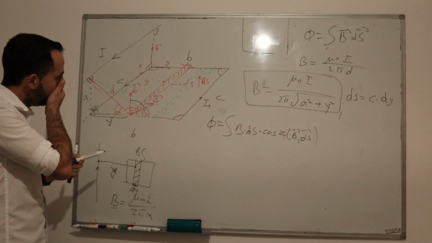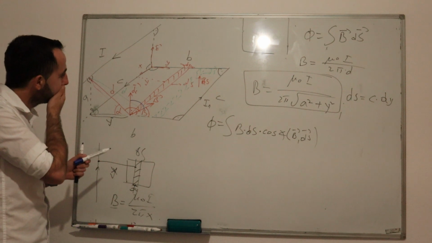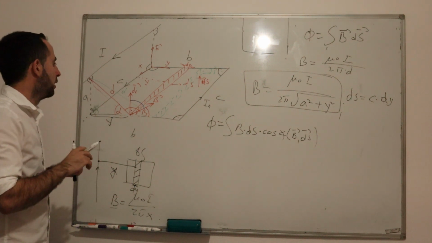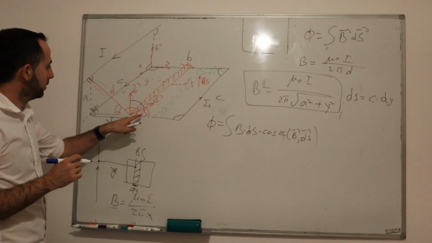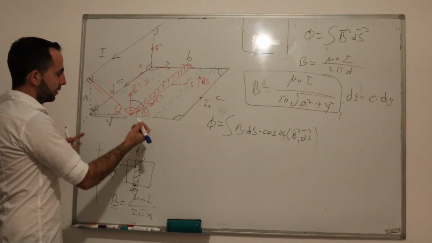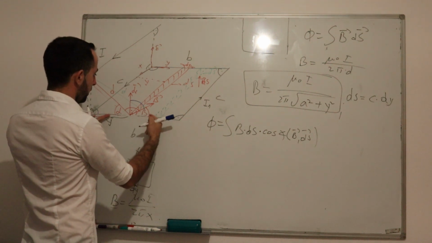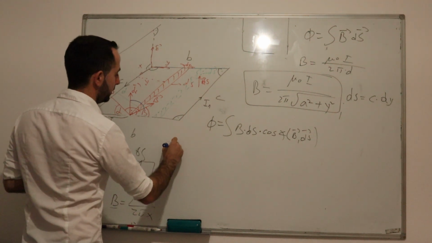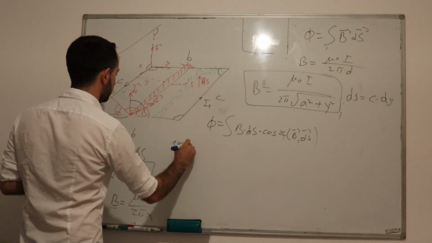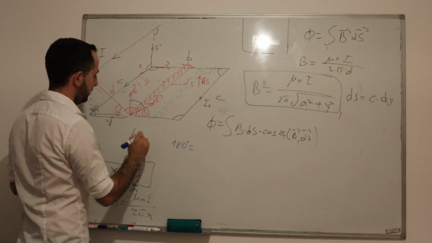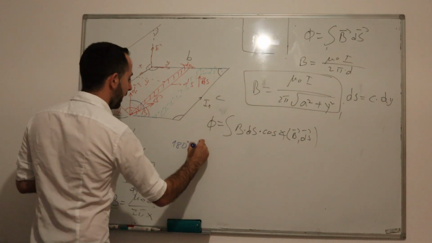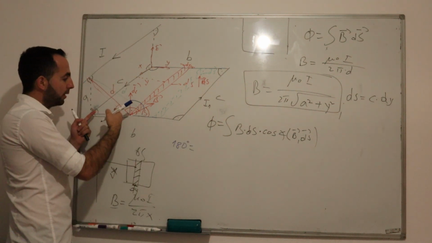We can determine it really simply. Why? How? Well, here you can see we have this. This is 180 degrees. So we know how to calculate alpha.